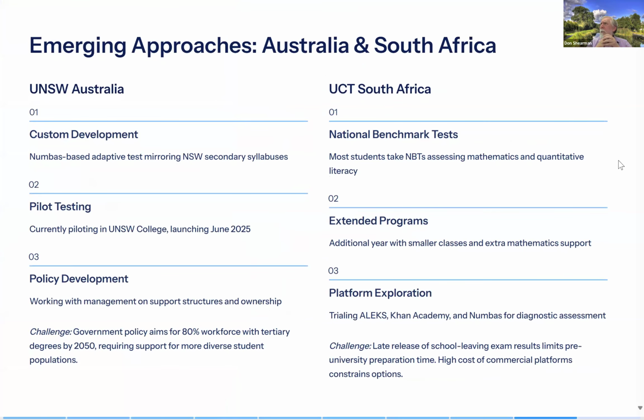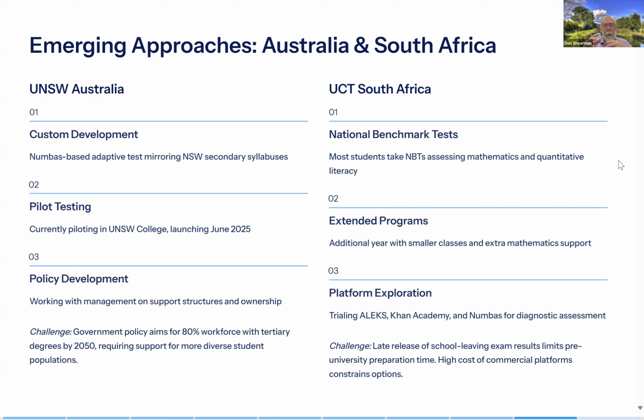Our approach here at UNSW, and UCT, are still emerging. We're still developing a test here in conjunction with the numeracy working group. I've been working for the last 12 to 18 months, however long I've been here, on a diagnostic test, which Jonathan had also flagged for first year maths, but business, med science and a few other faculties also want something similar.